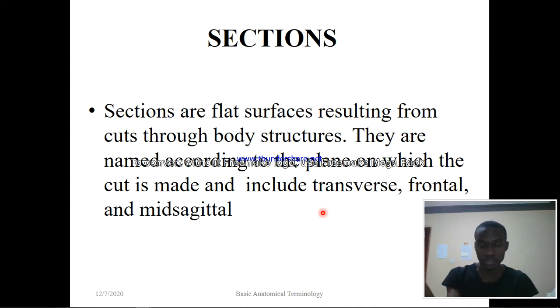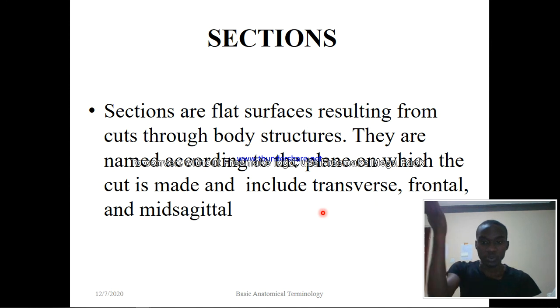So we can obtain a cross section, which is a horizontal cutting. So we cut the body organ in its horizontal area. So we cut it horizontally and obtain the upper part and the lower part.